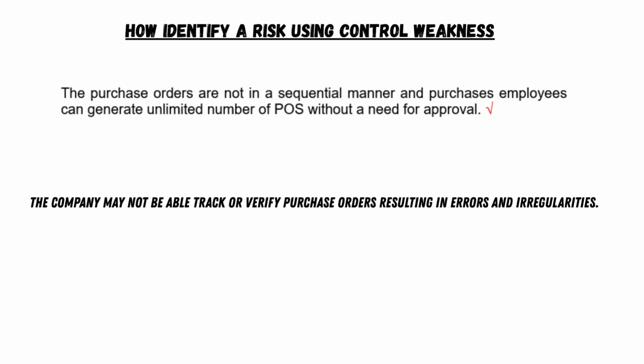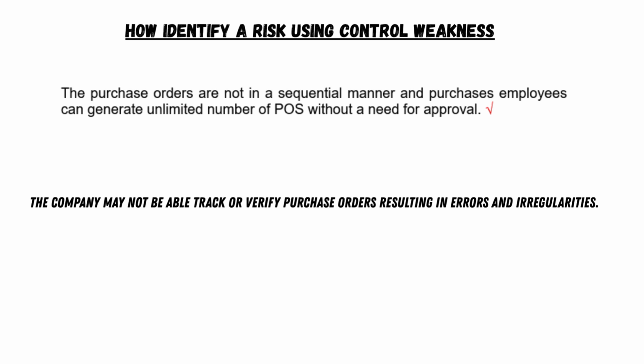There was also an issue of employees generating an unlimited number of POs without needing an approval. So you are faced with an issue where people can generate purchase orders randomly in unlimited numbers, but at the same time they don't need approval, and these purchase orders are also not in a sequential manner.